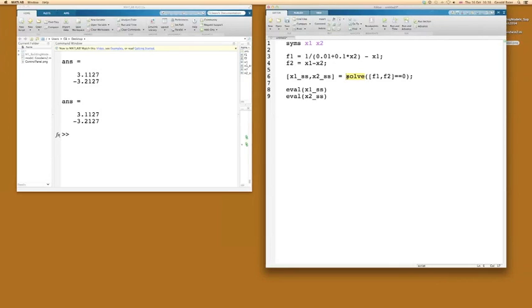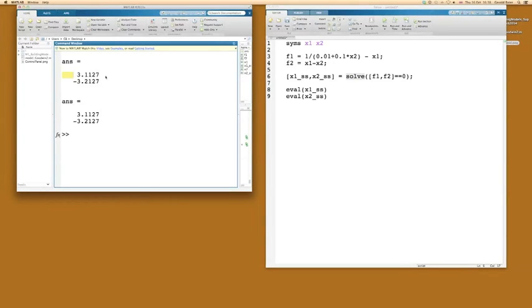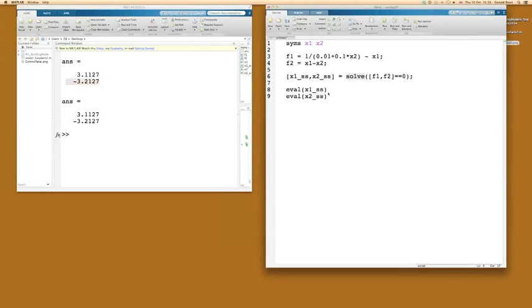How do we determine what to look at? Well, it's fairly easy in this case. As you can see, one of the values is 3.1127, which is some value, but the other value is negative. And negative concentrations don't make a lot of sense.